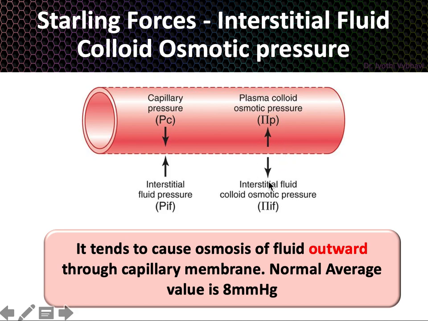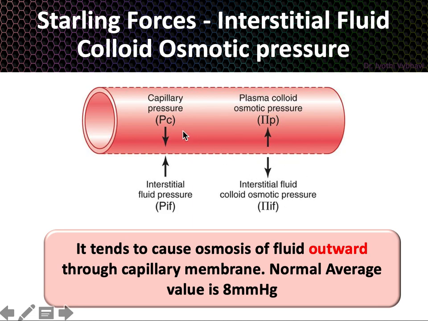The small proteins which come into the interstitium exert osmotic pressure, so there is also osmosis because of these proteins, and they drag the fluid towards themselves. So it is basically an outward force which is sucking the fluid towards the interstitium.